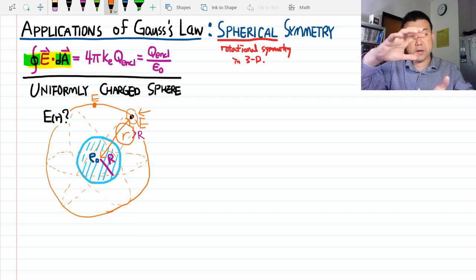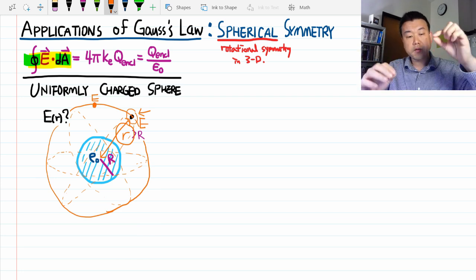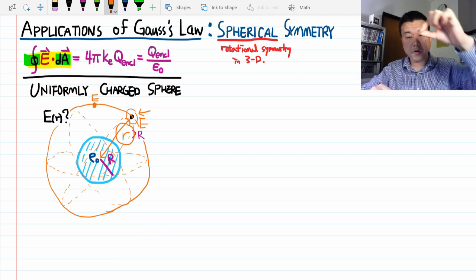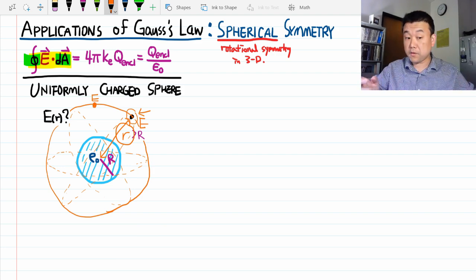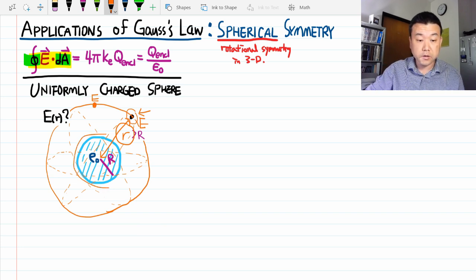We can apply a rotation that takes this point to here. And when we do that, nothing changes with this system because the charge distribution is spherically symmetric. The rotation changes nothing, which means the electric field also shouldn't change. This is the gist of that symmetry argument.